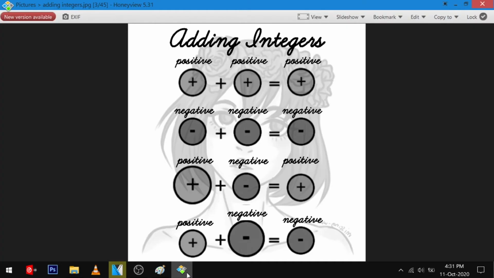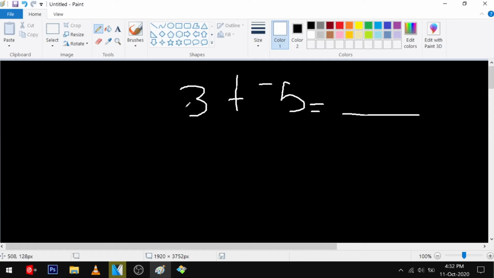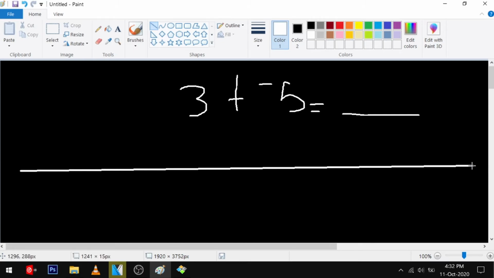Okay. So let me use this as an example. So we have 3 plus -5. All right, and we want to find out what our answer is. 3 plus -5. So I am going to use my number line, and I am going to put this as my center, 0.